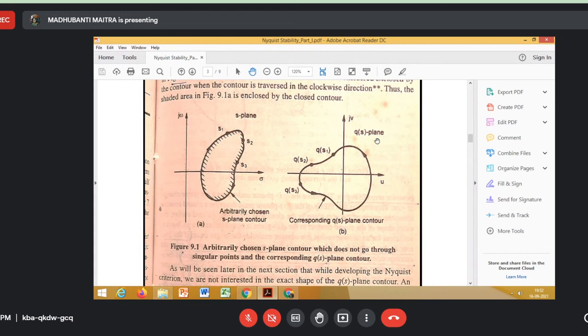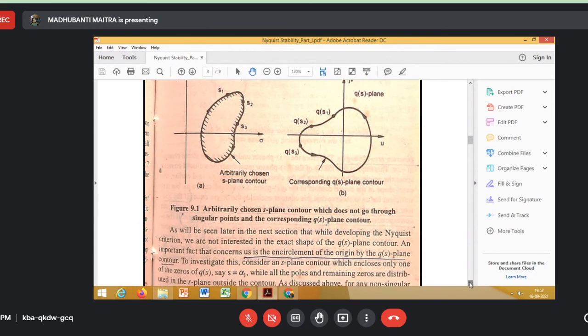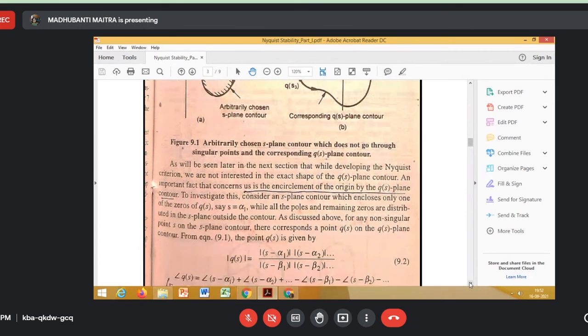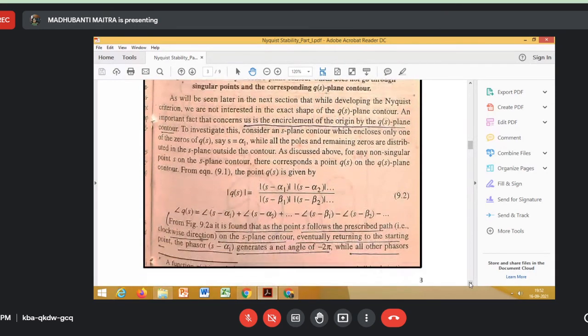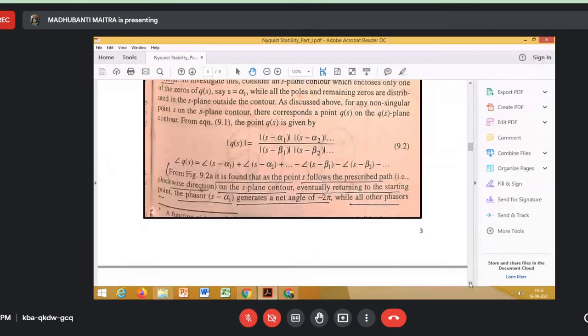Got this? So we are interested about the fact that whether the QS plane contour encircles the origin or not.